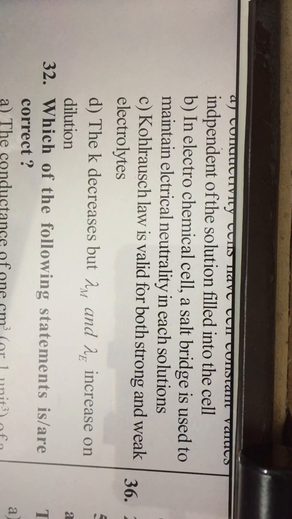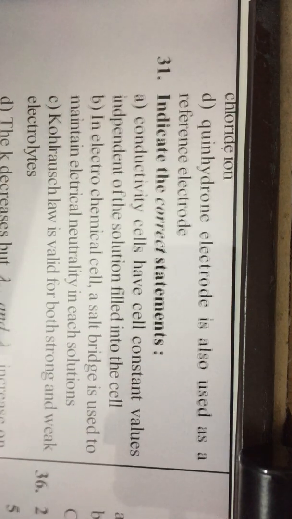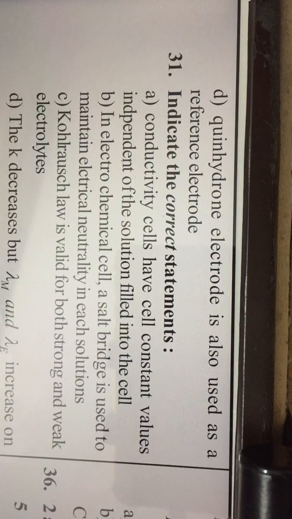The specific conductance decreases as you are adding water because the number of ions in 1 centimeter cube volume will decrease. However, the overall mobility of ions will increase, therefore molar conductance or equivalent conductance, overall conductance will increase. So for this question 31, A, B, C, D all are correct.